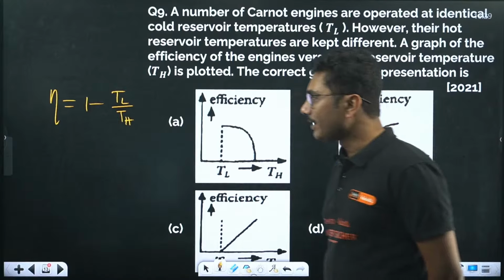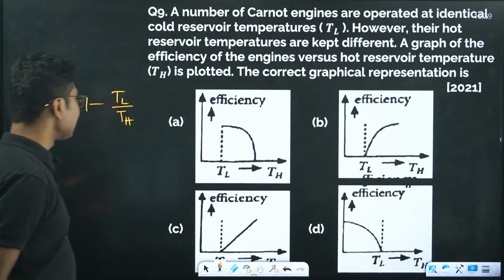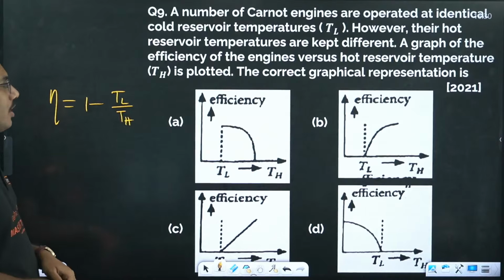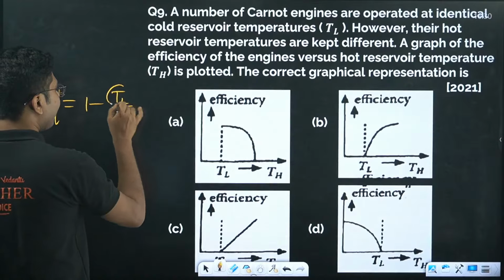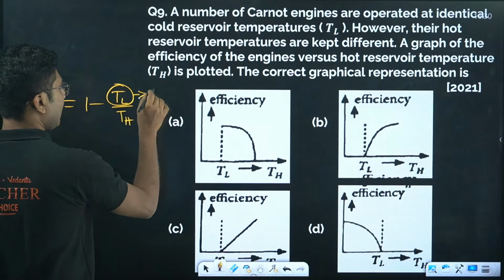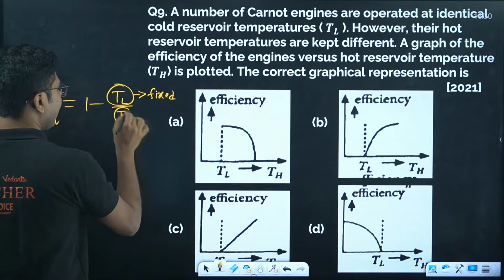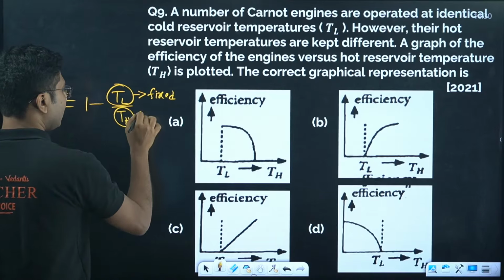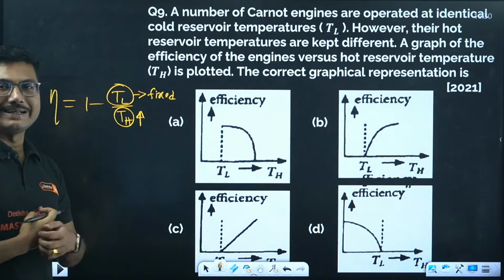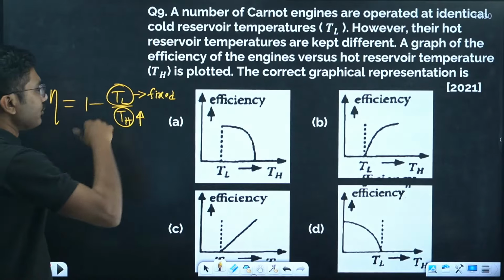So first of all, let us understand what is happening over here. If you keep this TL fixed, this one you are increasing. So if you increase T hot, what happens?